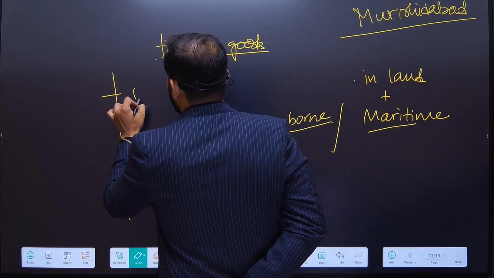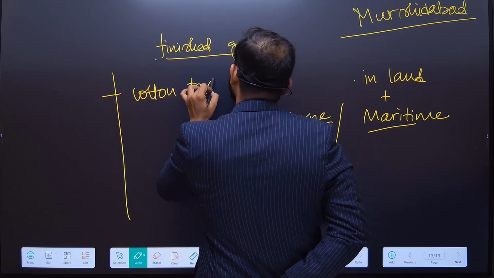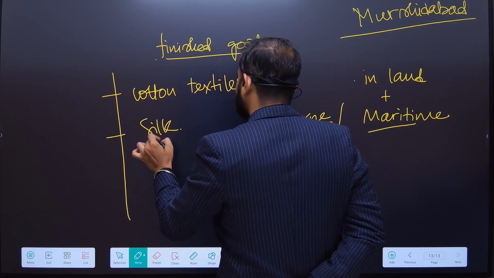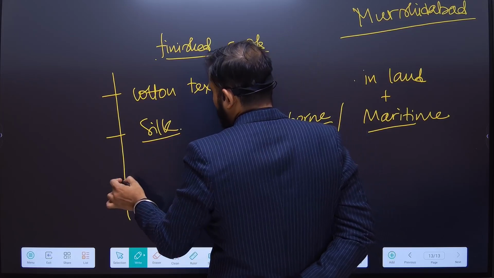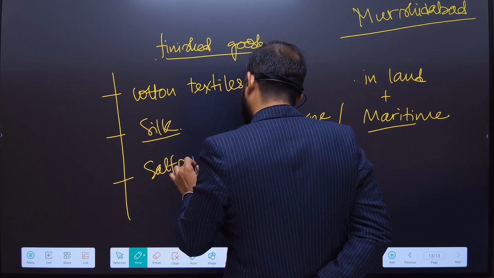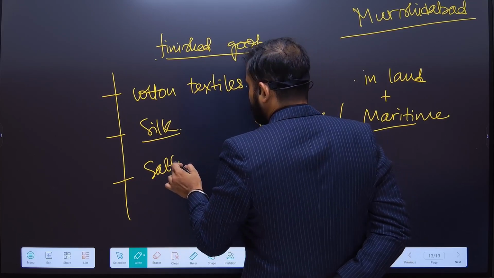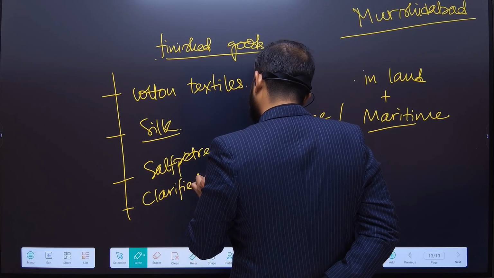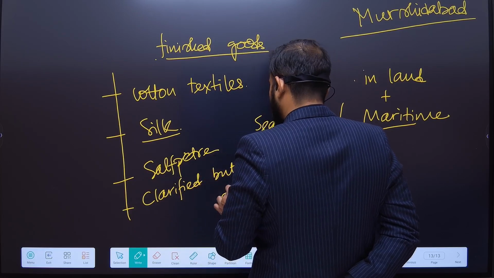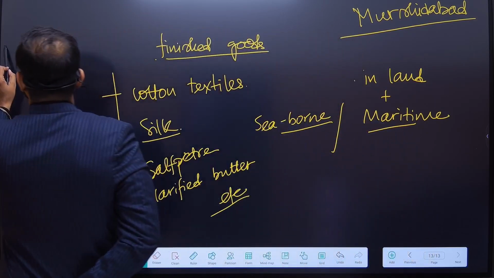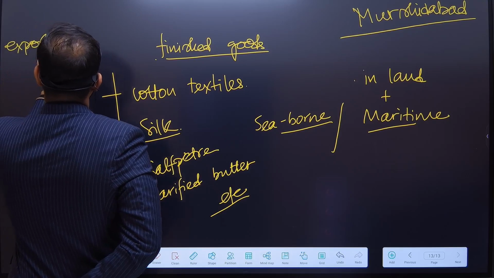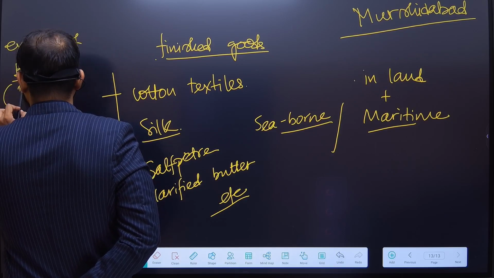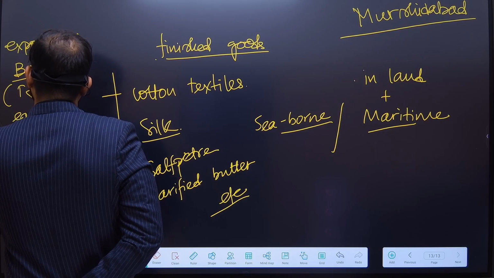Examples: cotton textiles, silk, saltpeter, clarified butter, etc. This list is the exports of Bengal of 17th and early 18th century.